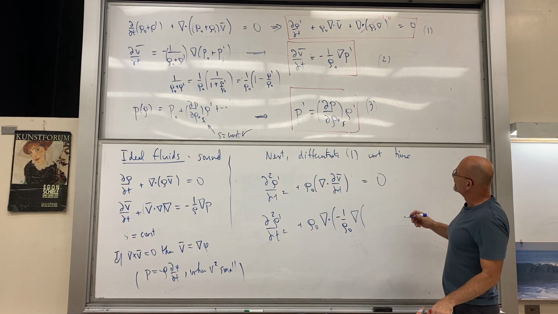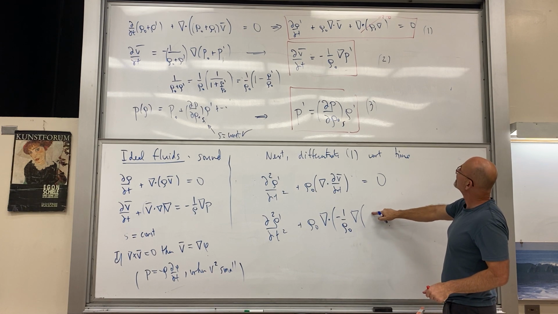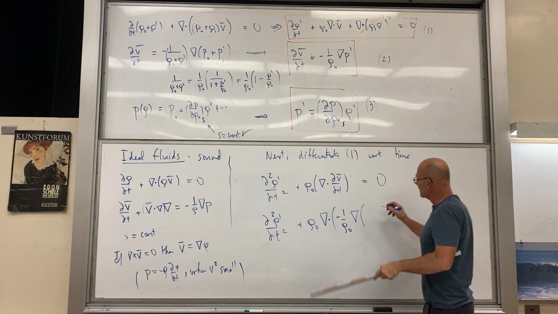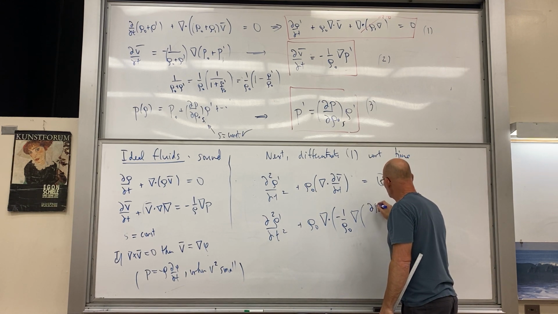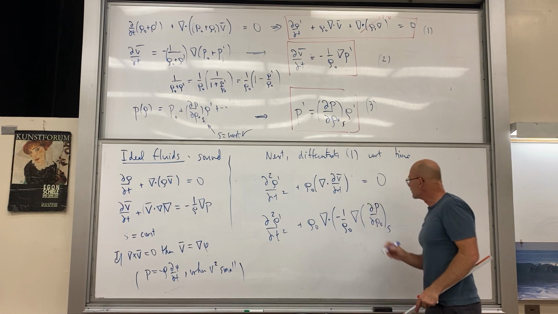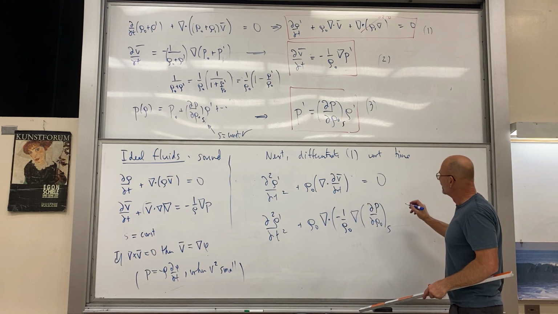We'll put all these things in. So gradient p prime, and the p prime we'll put in here, dp d rho at rho 0, constant S. We'll write it that way. Rho prime.